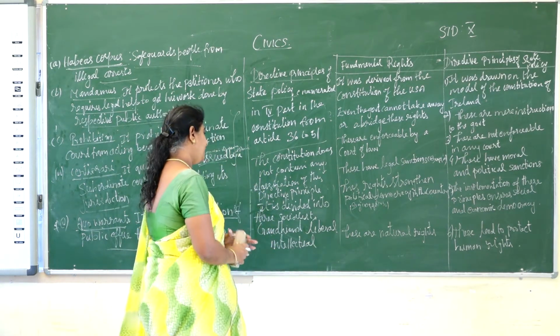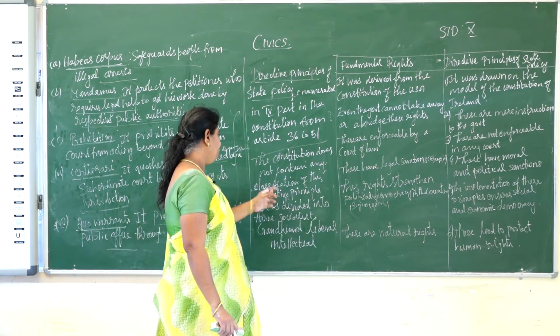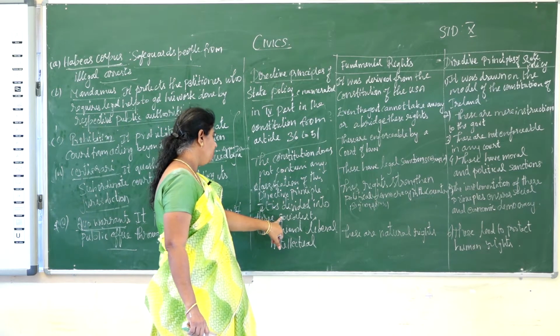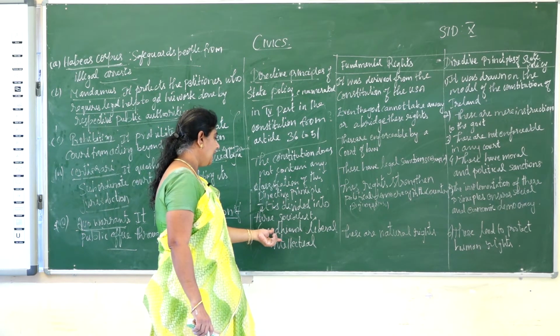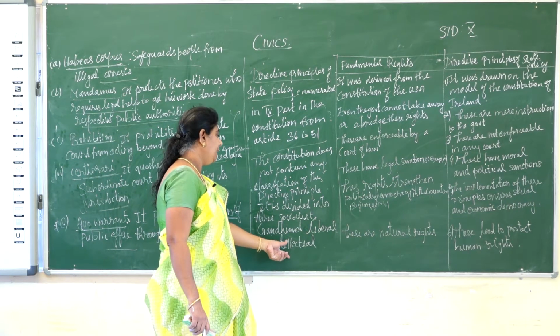So for their direction and classification, it is classified into 3: socialist, Gandhian, liberal and intellectual.